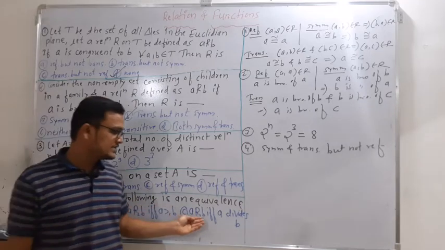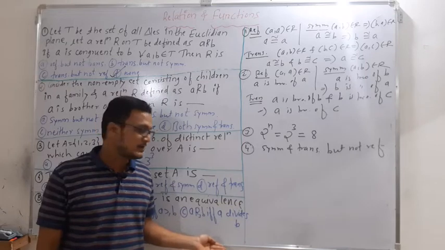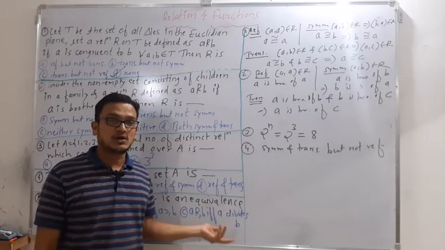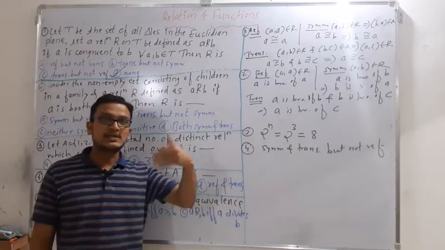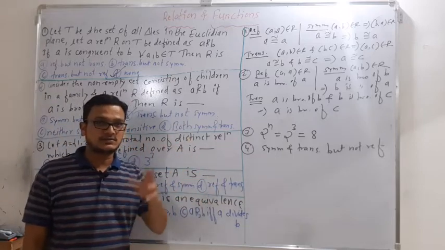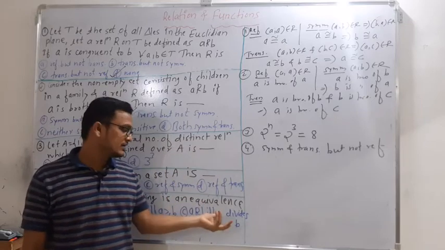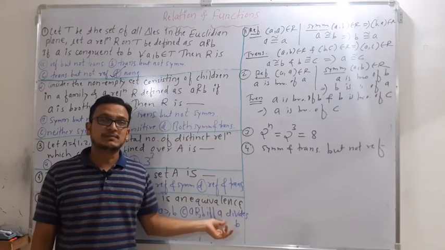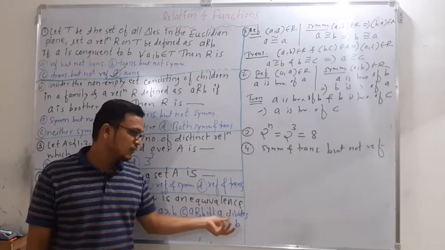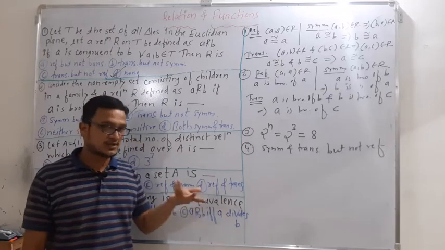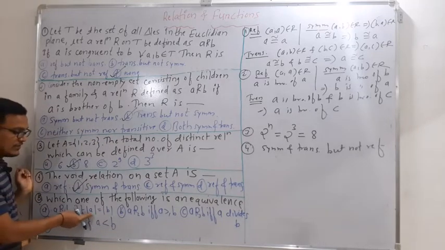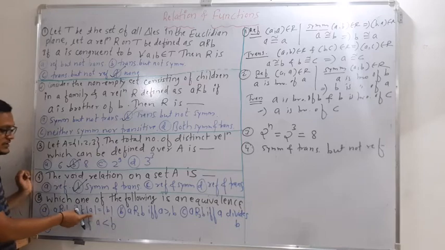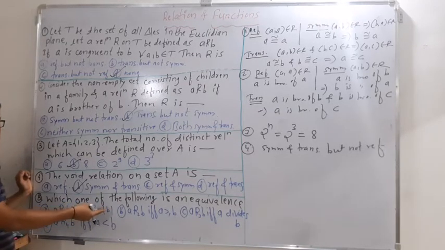Okay, again here option C, A divides B. In this option also it does not become an equivalence relation, because for symmetric, if A divides B, B cannot divide A, so it is not possible to show symmetric, right? So if one condition is not satisfied, it is not an equivalence relation. Therefore we are left with only the last option, that is modulus of A equals modulus of B. In this case, for reflexive, obviously A equals A, reflexive.